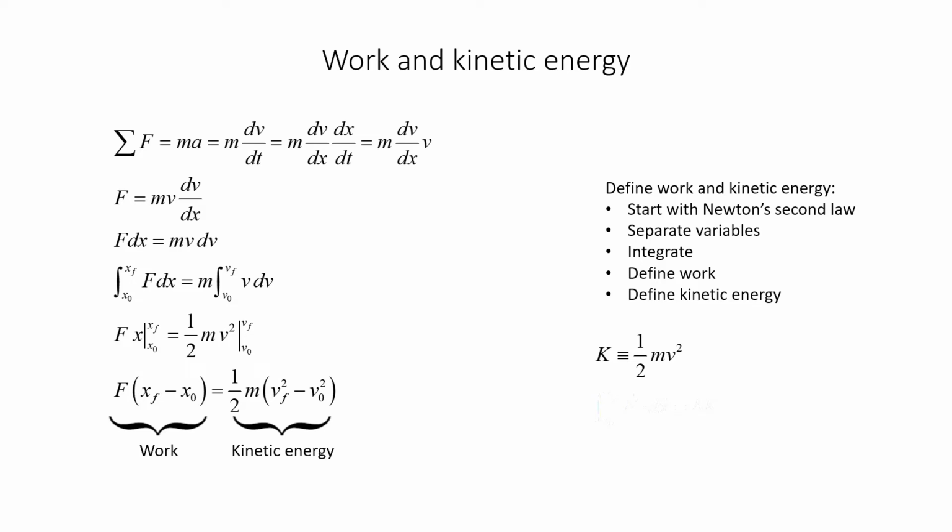Kinetic energy is defined as 1/2 mv squared, so 1/2 m(v final squared minus v0 squared) is the change in kinetic energy. In general, we may need to leave the force in the integral if it varies over x. The net work equals the change in kinetic energy is the work-kinetic energy theorem.